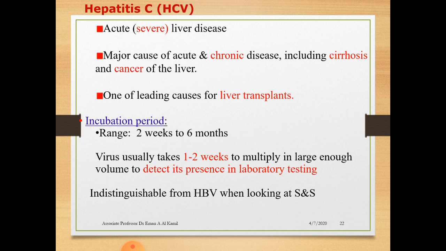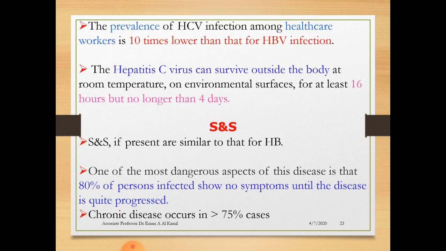The incubation period ranges from 2 weeks up to 6 months. The virus usually takes 1 to 2 weeks to multiply in large enough volume to be detected by laboratory testing. Its signs and symptoms cannot be distinguished from hepatitis B.